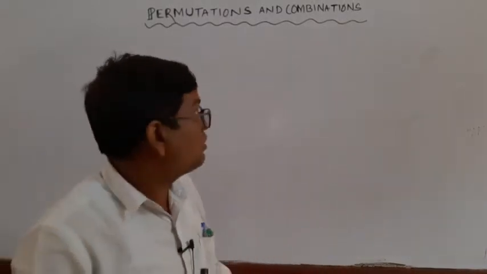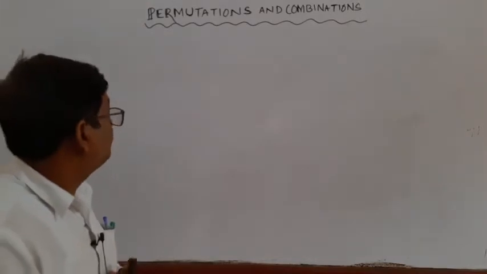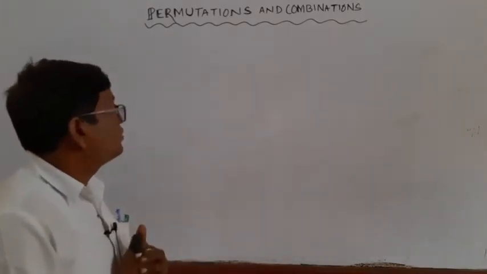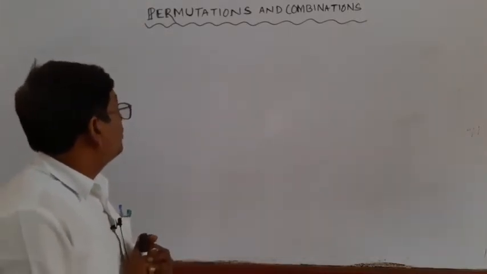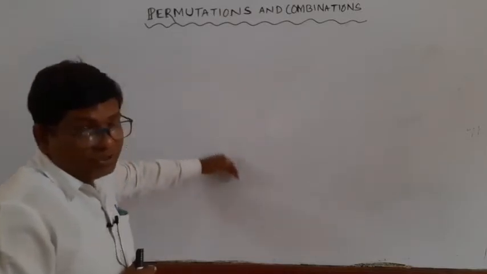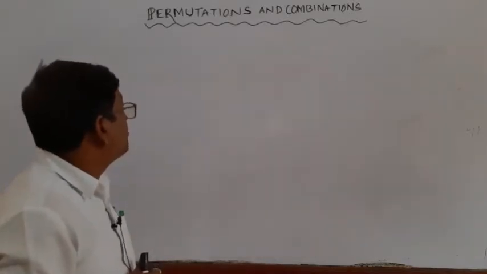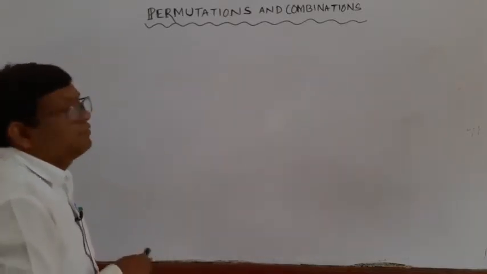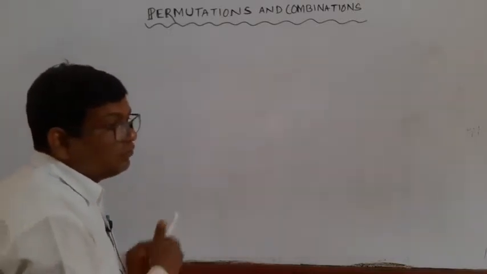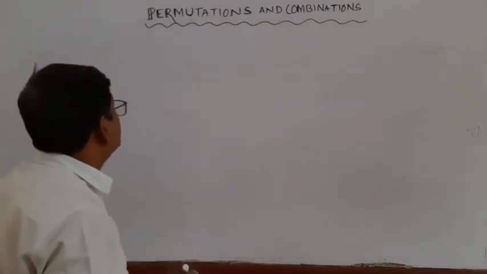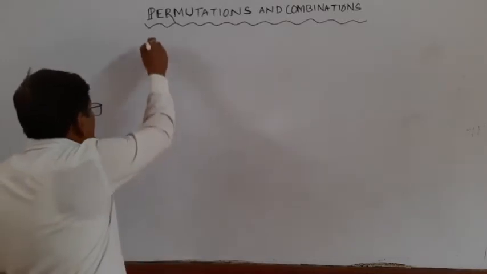Permutation and combination. The chapter name is permutation and combination. Before that, the sequence of discussing is what? First we will discuss what is factorial.